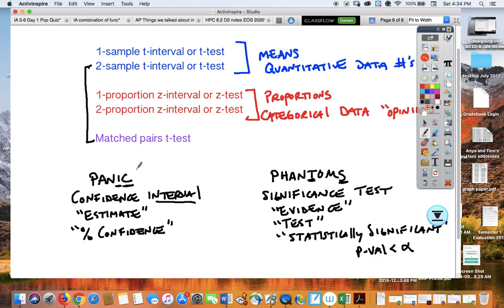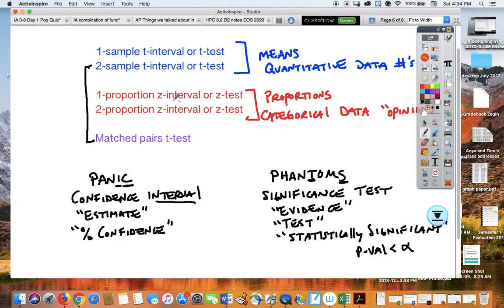So that's kind of like the key words that I look for in any given problem. I look to see what kind of data do I have? Is it quantitative or categorical? That's going to help me decide if it's means or proportions. Then I think, okay, am I dealing with one mean or two means, one proportion or two proportions? T always goes with means, Z always goes with proportions.